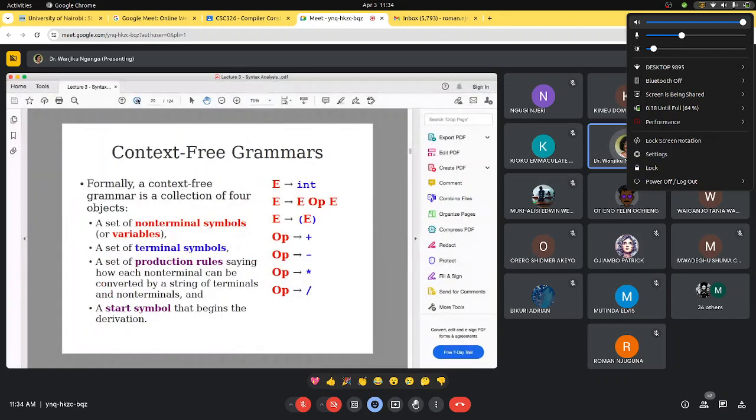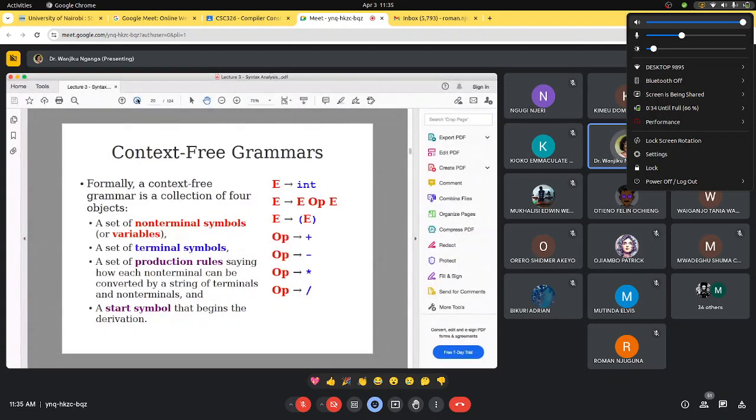So just as a refresher, a context-free grammar, we said, is a 4-tuple model. First, we must specify the non-terminal symbols, which we also call variables. We have a set of terminal symbols. We have the production rules that say how we rewrite each non-terminal into either a sequence of terminals or a combination of terminals and non-terminal symbols.